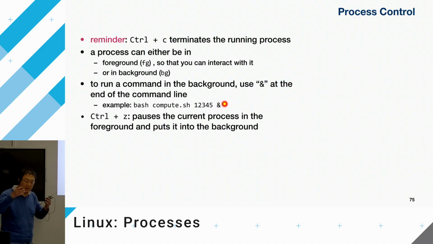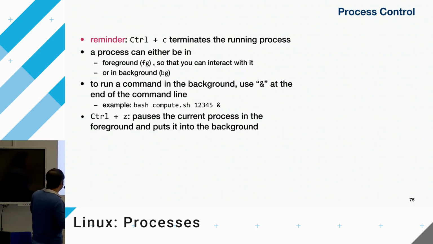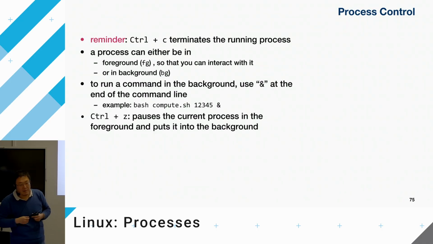And if your application is running in the foreground, but you want to put it into the background, how to do that? You can just type Control-Z to pause the current process in the foreground, and then put it in the background. In this way, you can switch applications very conveniently.